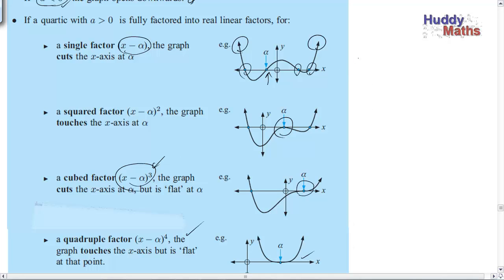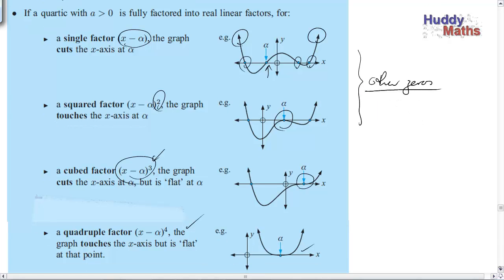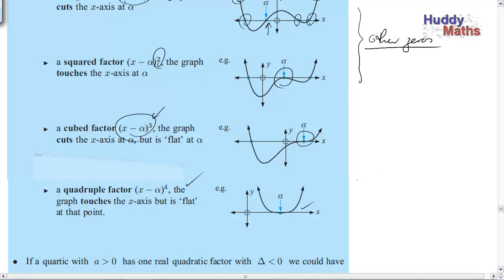So these two would have other zeros at the other linear factors as well. We're talking about just these special conditions. A squared is a point of touching and so on. So very similar idea. Please note this one, where it's quadrupled, it's a flattening at that point.